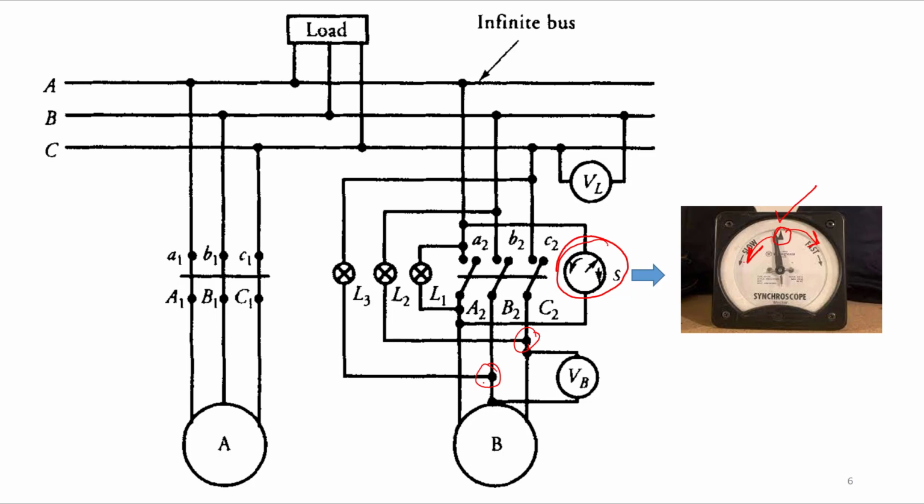So now, this is one alternator which is already connected to the infinite bus, alternator A, and alternator B is connected later through the bright lamp method. Here it is shown, and it is connected to the infinite bus, right? The process you already know from what you are doing in the lab is the same, but here the approach is a little different, right?